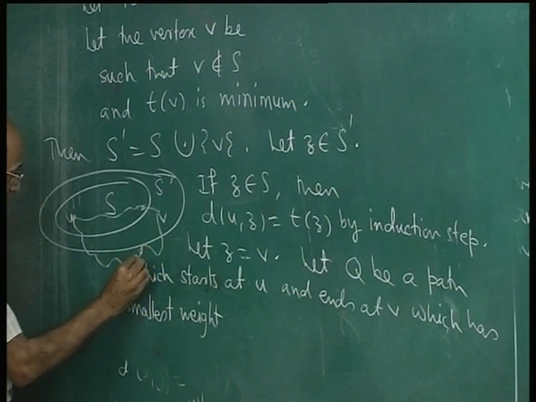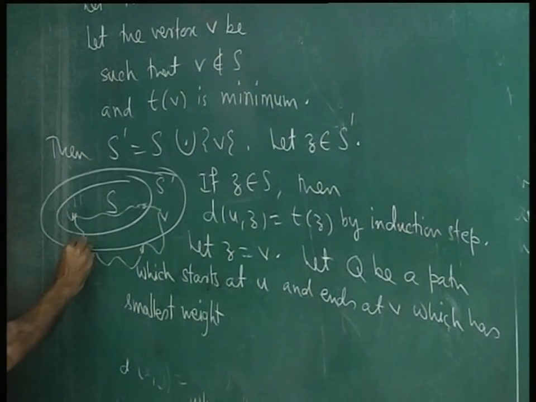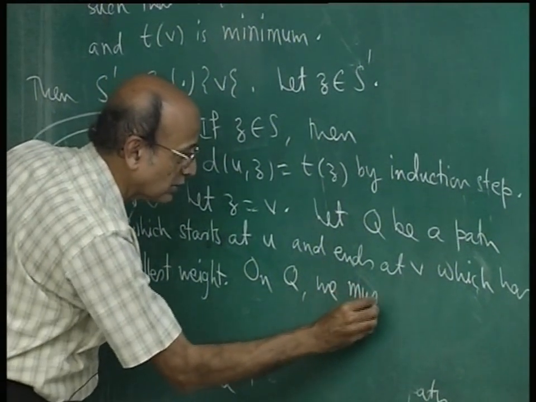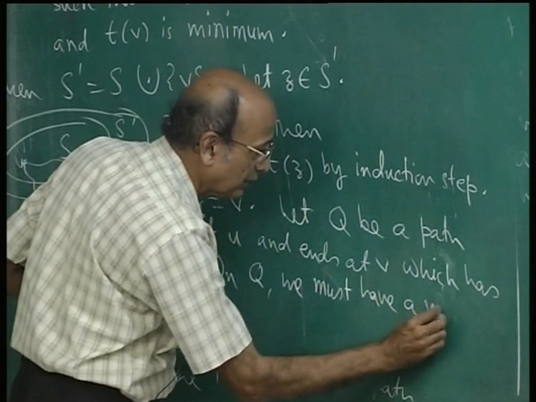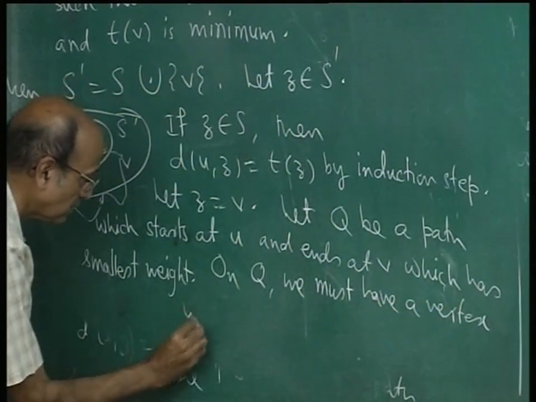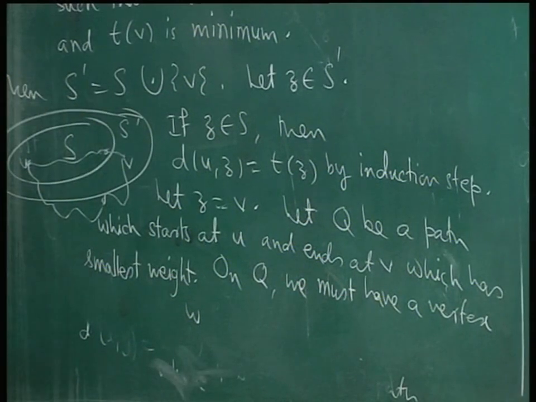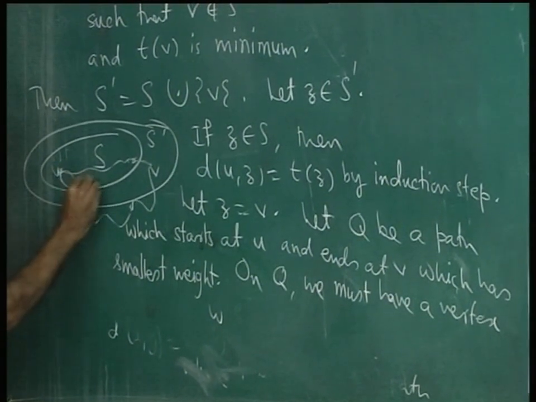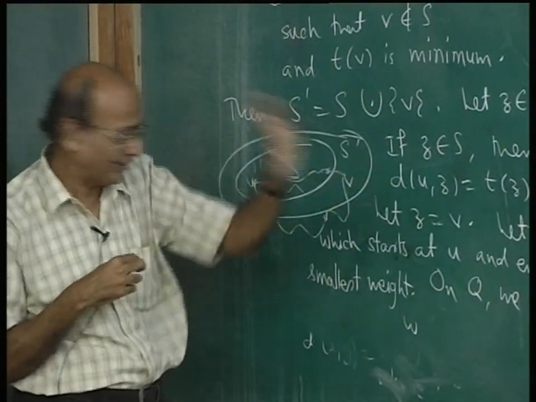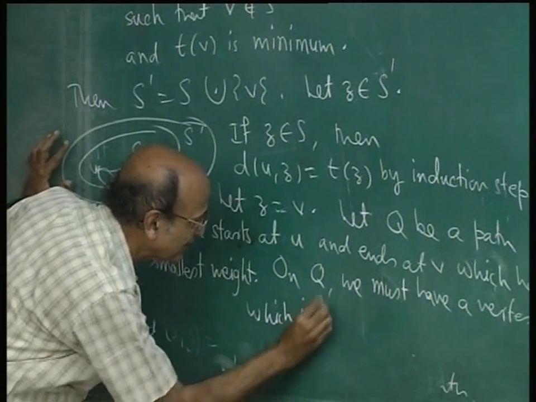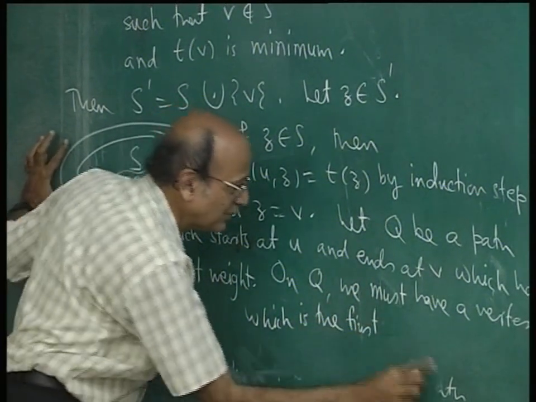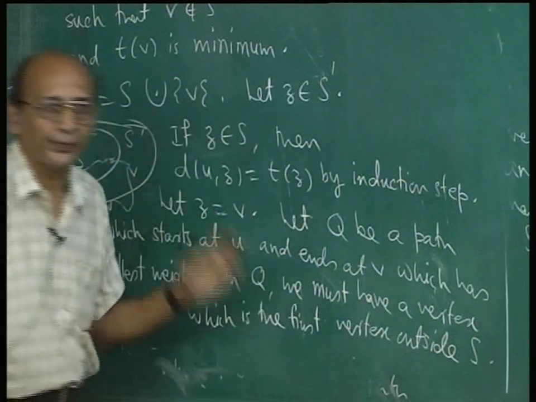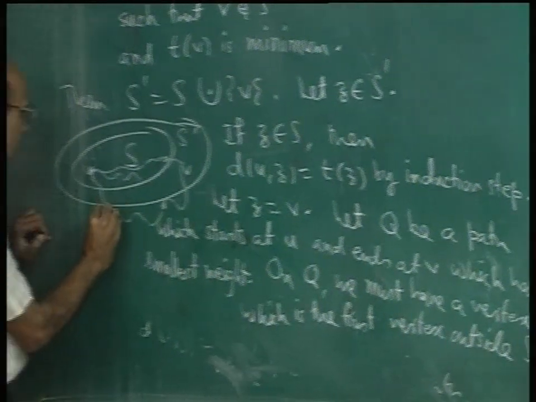So for anything here, there will be a vertex W on Q, which is the first vertex outside S. Q will go inside S for quite some time, and the first time it steps outside S, let's say it is something like this, W here.